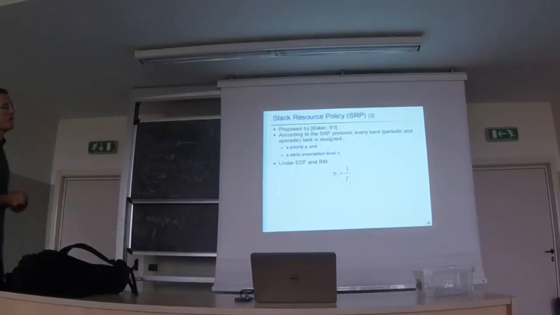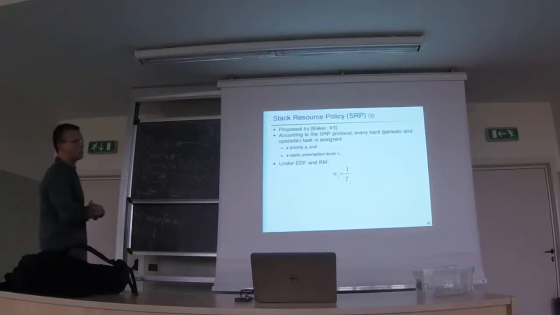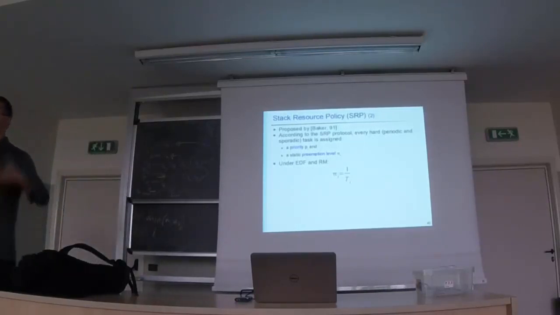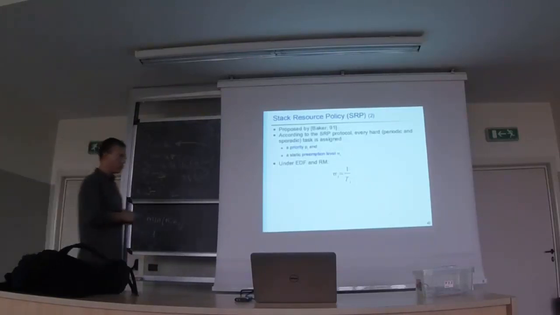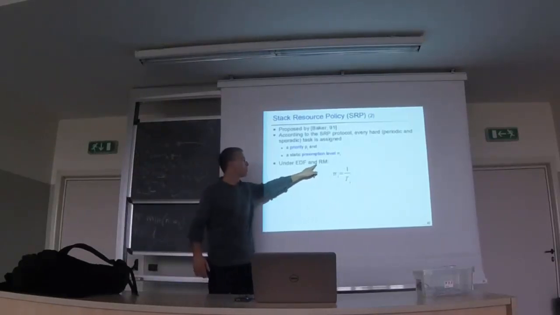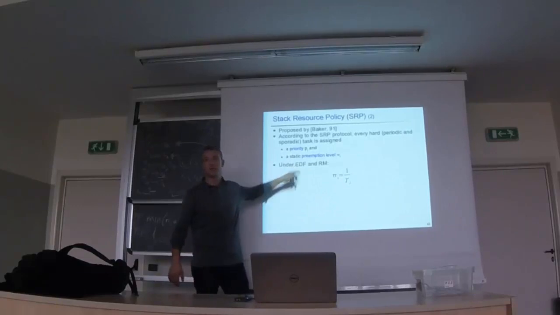All tasks have a priority, which for rate monotonic is what you know, while with EDF it is the absolute deadline, but each task also has a static preemption level, which is the inverse of the task period, both for rate monotonic and for EDF.